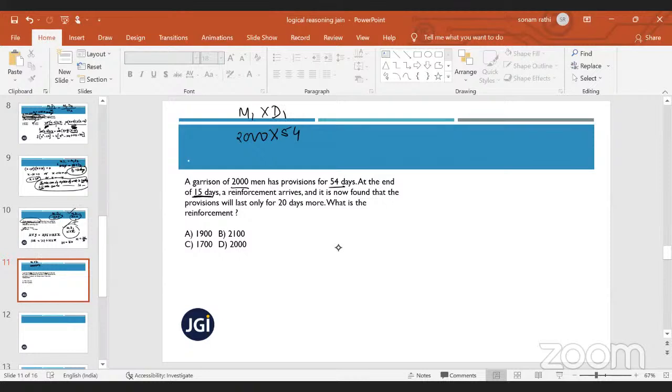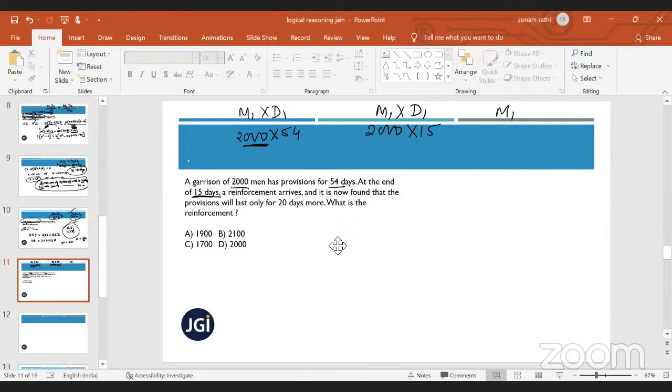Now 15 days are passed. So this 2,000 men ate for how many days? For 15 days they have eaten. Correct? Now at the end of the 15 days, a reinforcement arrived. Means more people joined. Reinforcement means another batch of people joined.